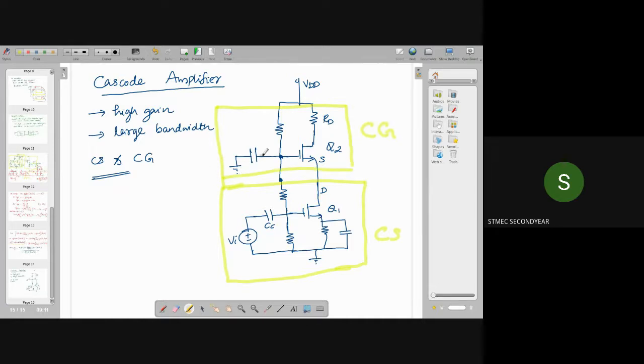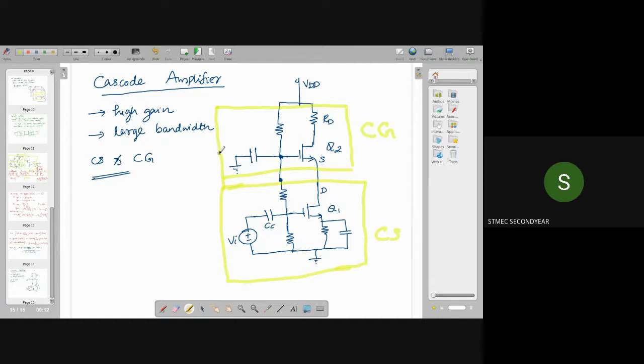Common gate means gate is connected to ground. So this is the cascode amplifier. Here we connected Q1 in common source configuration and Q2 in common gate configuration. The advantages of this circuit are high gain and large bandwidth.